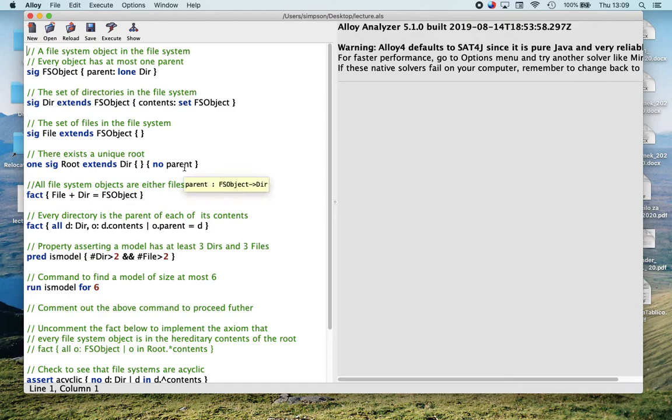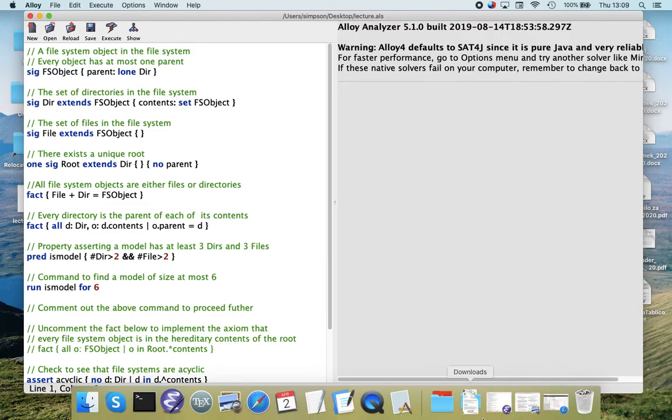So this is why we needed to require that not everything has a parent, because we're going to have a root directory in the file system. So there's quite a lot in this axiom. Notice it's written in a rather succinct way, that we have exactly one root, that roots extend directories, and that roots have no parents.